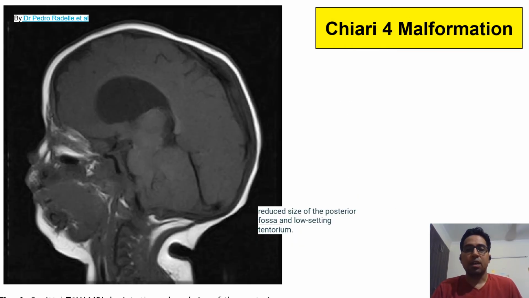Continuing with the Chiari 4 malformations, we see that there is reduced size of the posterior fossa, and there is a low setting tentorium. So this is the tent. You have a low setting tent, and the posterior fossa is very small, and all the posterior fossa contents are very much crowded.